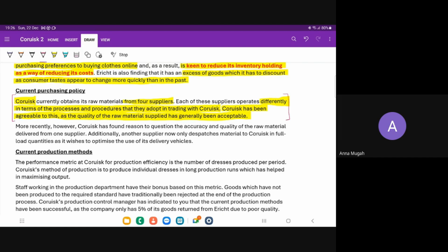See, what the company is doing, the company has 4 suppliers, right? Each of these suppliers operates differently in terms of processes and procedures. Probably there can be a supplier who will deliver in 2 weeks. There can be a supplier who can deliver in 1 week.